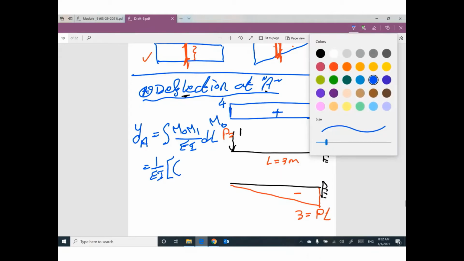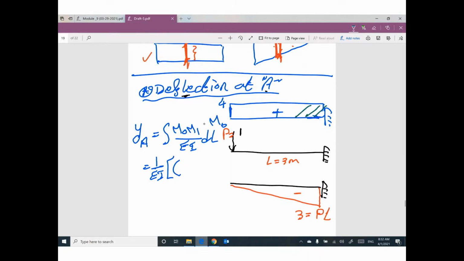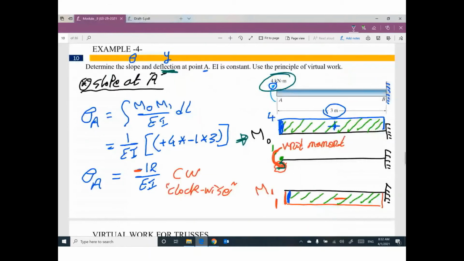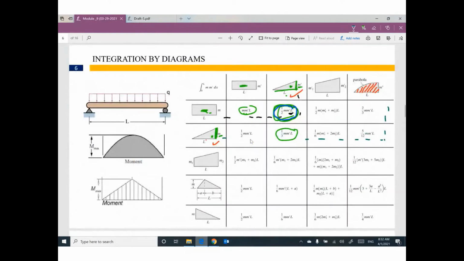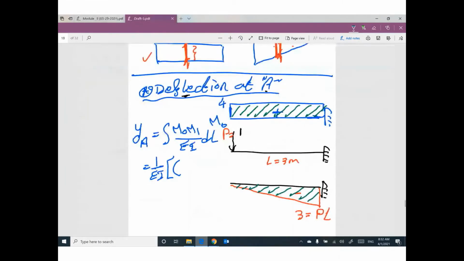This time, we have integration between this rectangle and this triangle. Open the table of integration. We have triangle with rectangle. So 1/2 M M L. 1/2 this M positive 4.